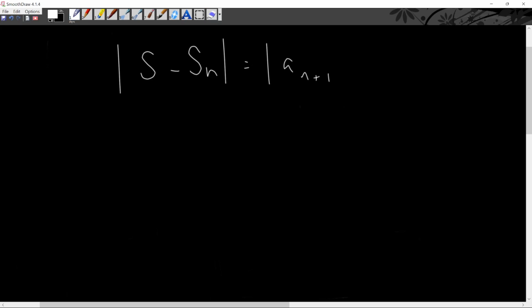This is the alternating series error bound. It's just saying that if this is the sum of every single term, and this is the sum up to a specific number of terms, then the error, or the distance between these two values, is going to be less than the value that comes immediately after, which just sort of makes sense.